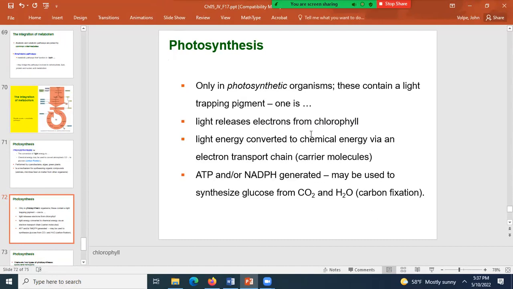The light energy is converted into the movement of electrons, which then move down an electron transport chain. And the purpose of that is to make ATP. NADPH is also generated along the way. Now ATP and NADPH may be used up to synthesize glucose from CO2 and water. Any question about any of that?